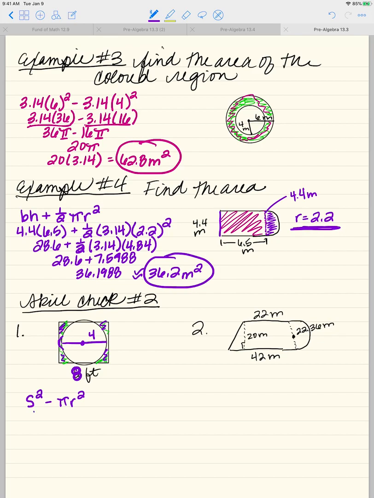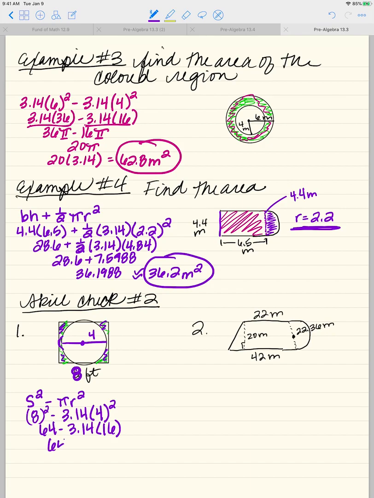Side squared, 8 squared, minus 3.14 times 4 squared. So 64 minus 3.14 times 16. Let me plug that in, 3.14 times 16.